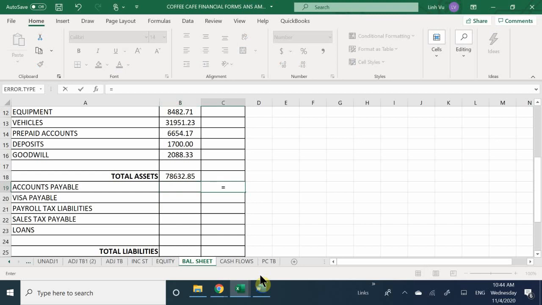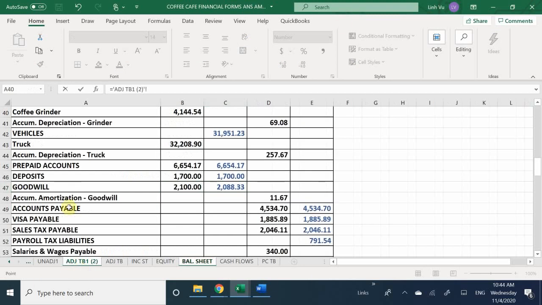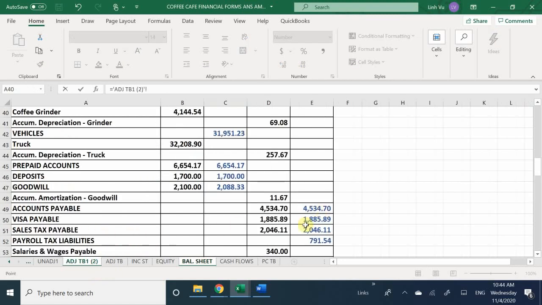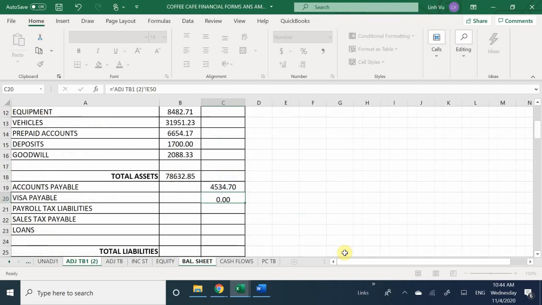So what is my total liabilities for my accounts payable? Mm-hmm. And then for my Visa payable, 1885.89.